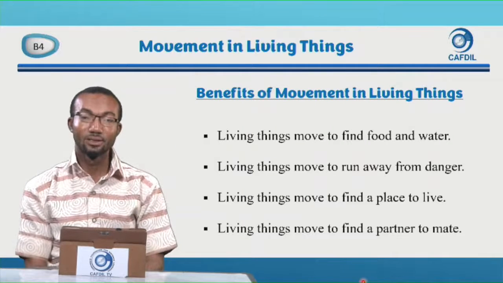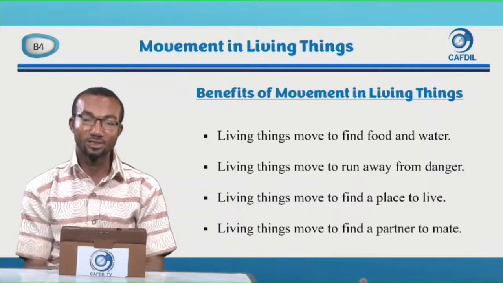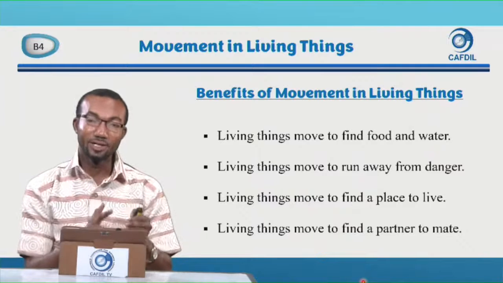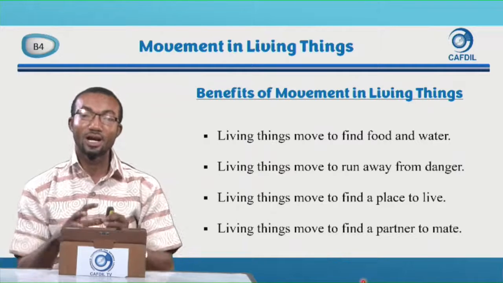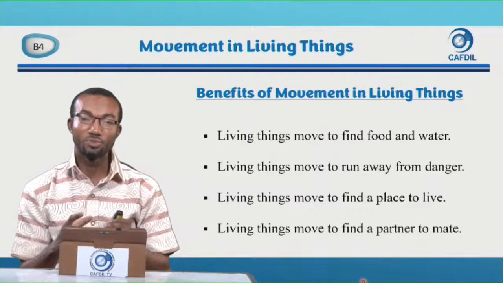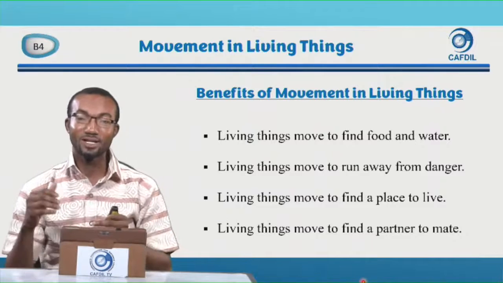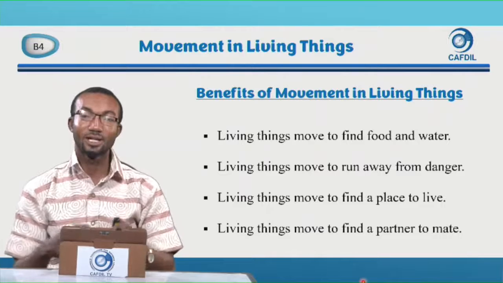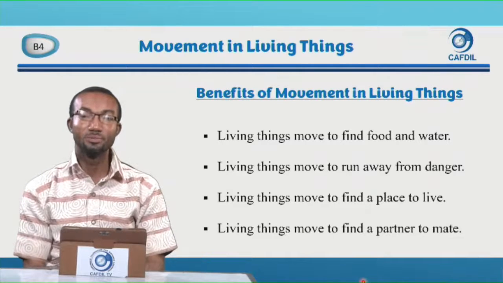And then the next one, living things move to find a partner to mate. In the animal kingdom, we have the male and the female, and before new babies are born, a male will have to find a female, or a female will have to find a male, before they can mate and then give birth to new babies.